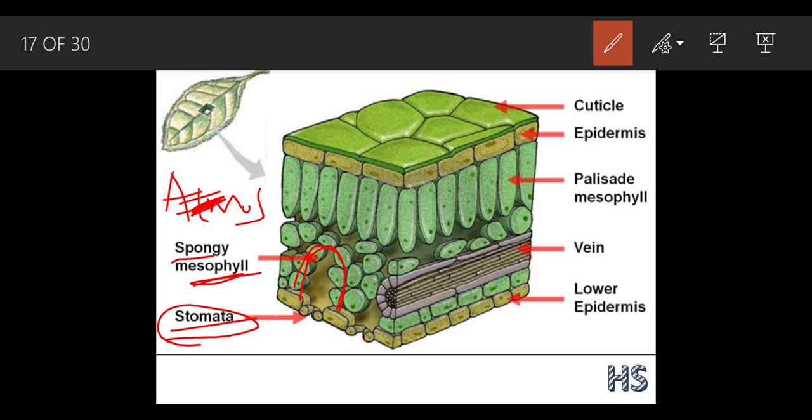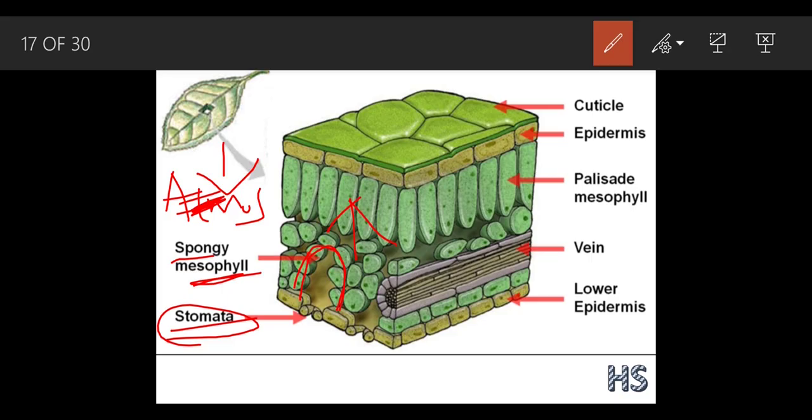Okay, and with respect to this, the atmospheric vapor is quite less, and inside this it is quite high. So what is the definition of diffusion? Diffusion says movement of the water molecules from the region of higher concentration to the lower concentration. So what is going to happen?